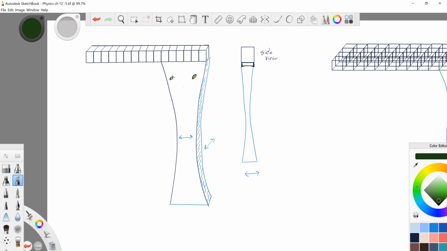A disc-shaped transducer, let's just build one really quick here, and let's just quickly add some dimensionality to this. Okay, that's going to create an ultrasound beam that is round in cross section.